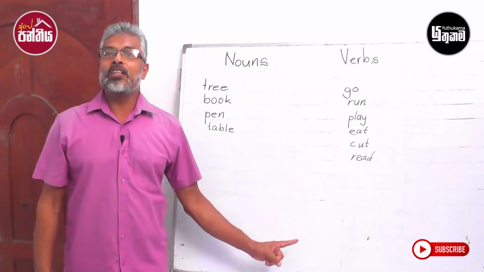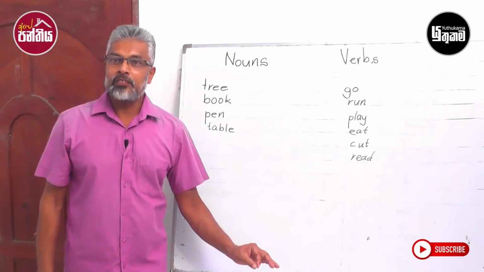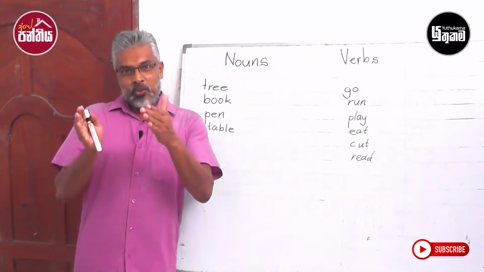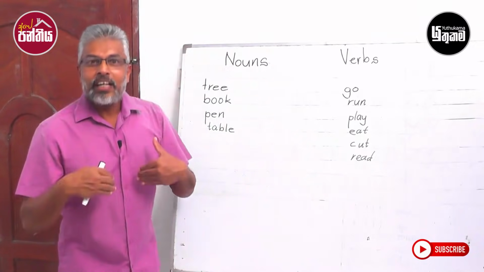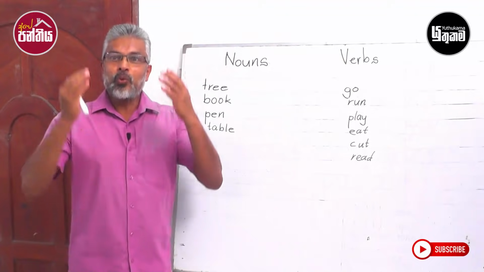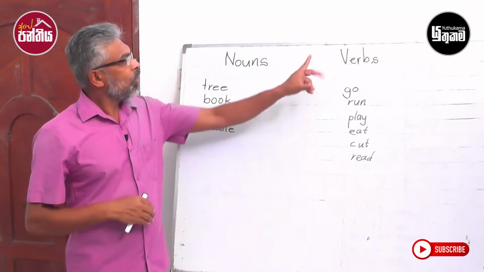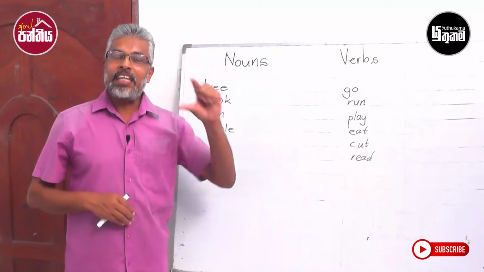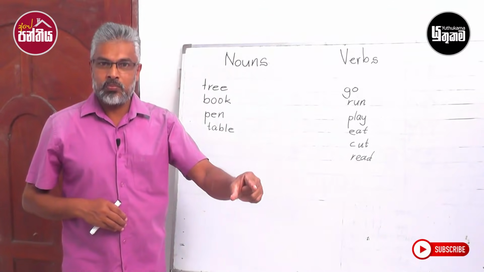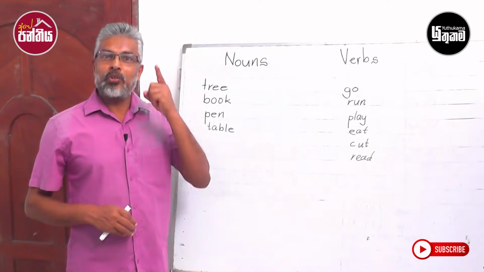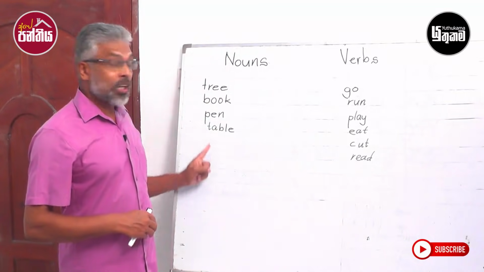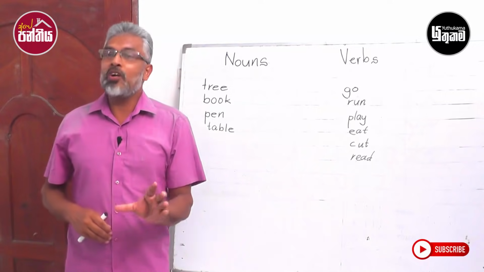All these words are plural, and you can see the difference now. You remember all the verbs in their plural form, and in the same way you remember these nouns in their singular form.